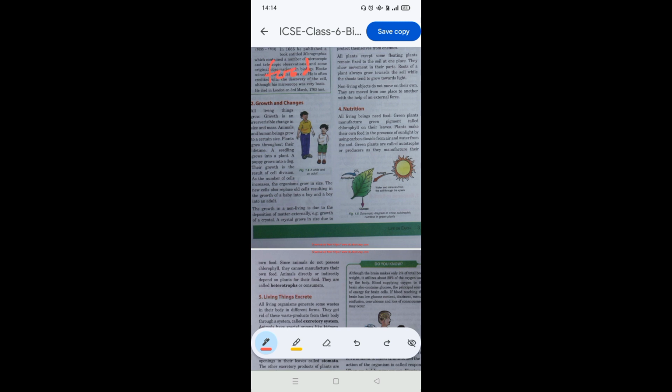Food can be prepared by green plants, which have a green pigment called chlorophyll, in the presence of sunlight, using carbon dioxide from air and water from soil.